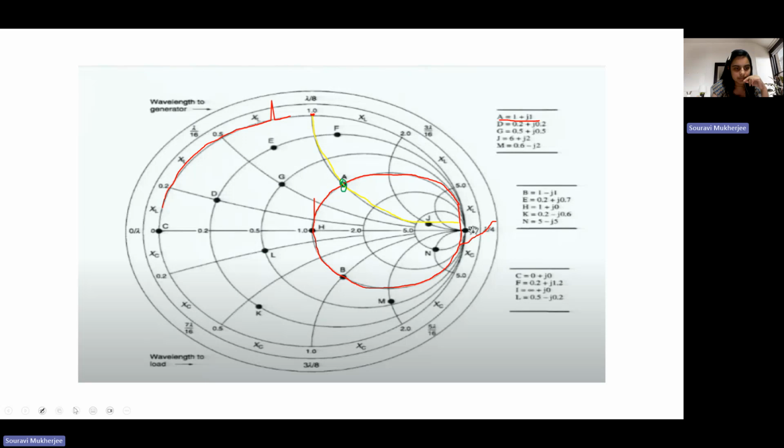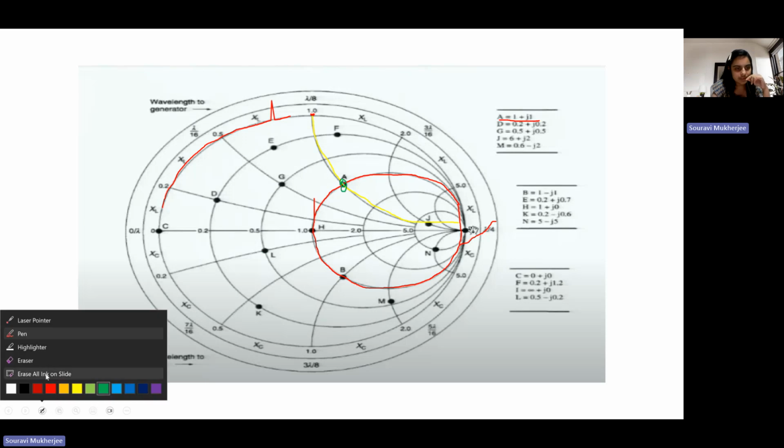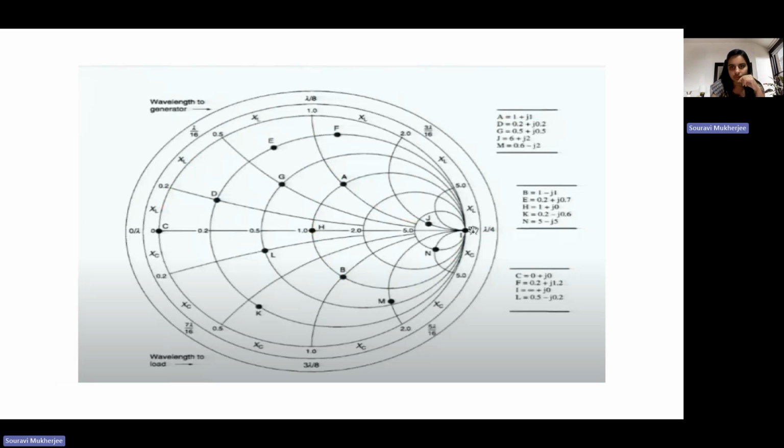Similarly, you can do the same for whatever impedance value is given. So if you have 0.2 plus j0.2, first you look for 0.2 here. Now you can draw a circle. Again, we know that the reactance being 0.2 would correspond to this arc, right?